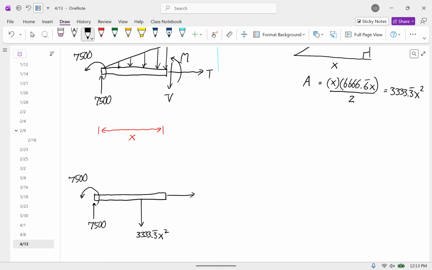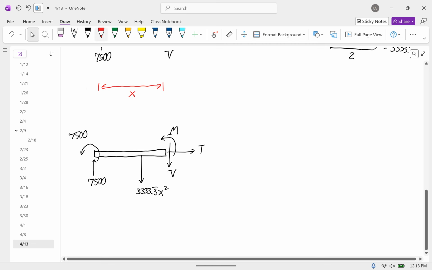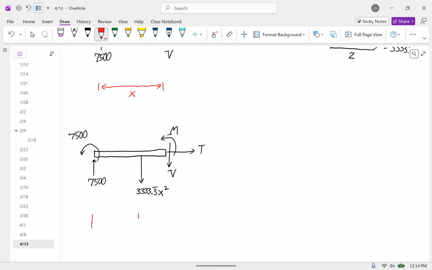And then our internal loads. Okay. Any questions up to here? What about the distances? Well, the distance to this is 2x over 3, and the distance to the end is x. And we'll use those when we calculate our moments.